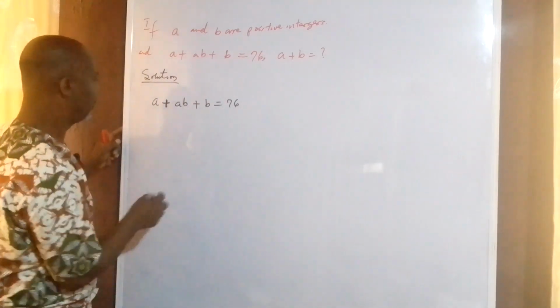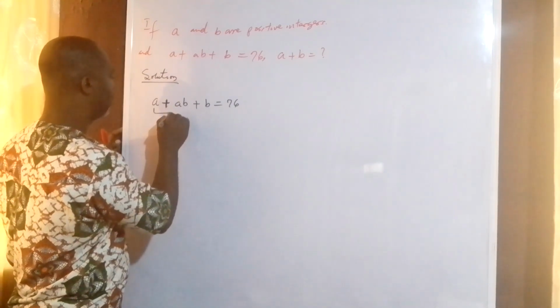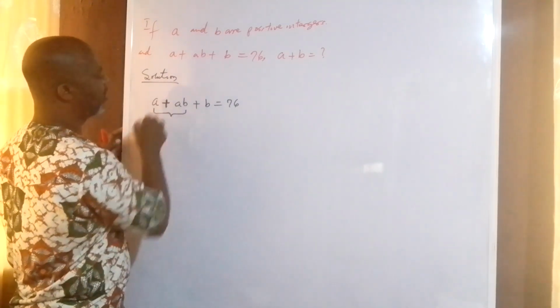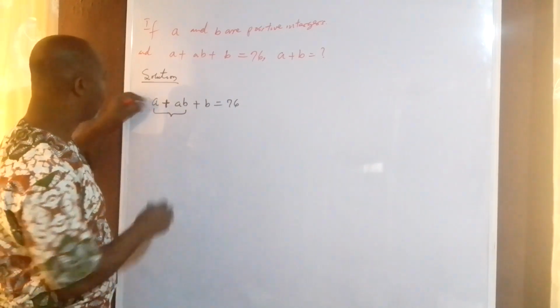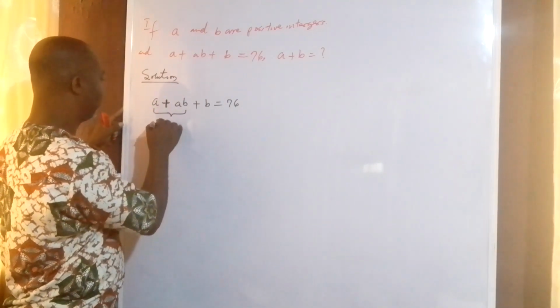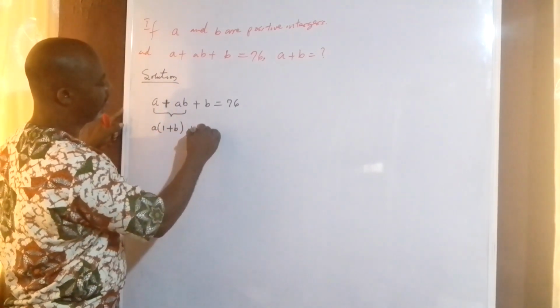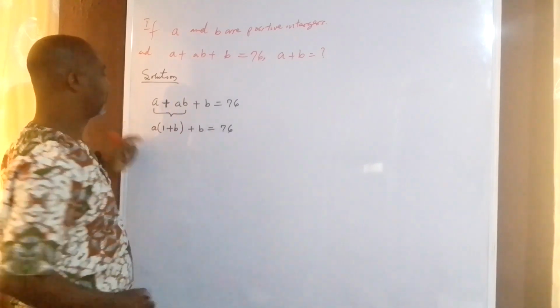The first thing is, I'm going to look at this and factor it out. A is common, so a plus ab gives me a times 1 plus b, then plus b equal to 76.